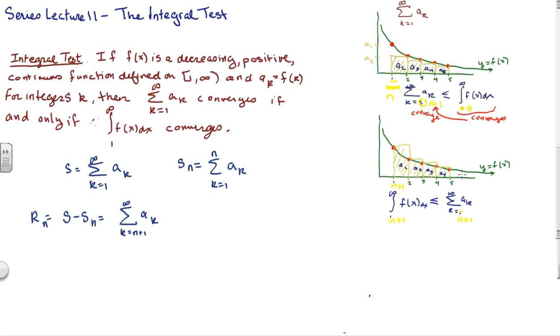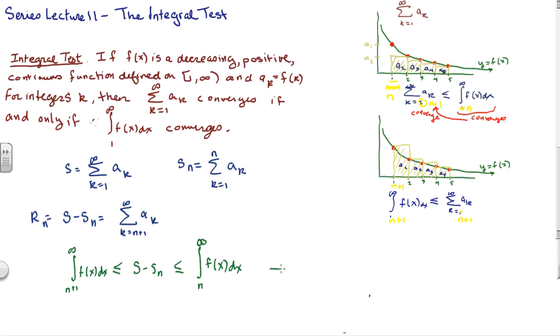Using the same analysis as before, I get S minus Sn, which is the sum from n plus 1 to infinity, is greater than or equal to the integral from n plus 1 to infinity of f of x dx, and less than or equal to the integral from n to infinity of f of x dx. It's exactly the same reasoning that gave us the integral test in the first place.